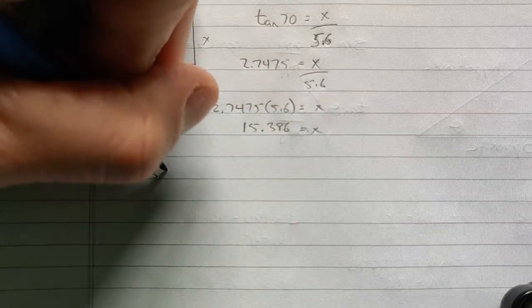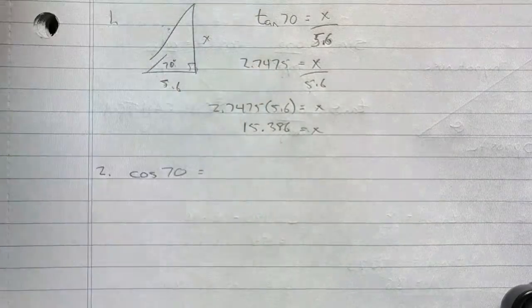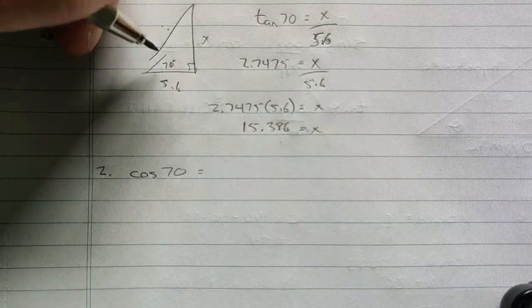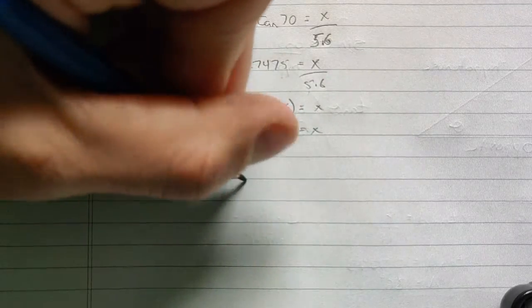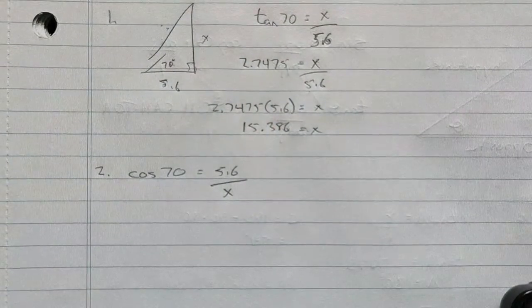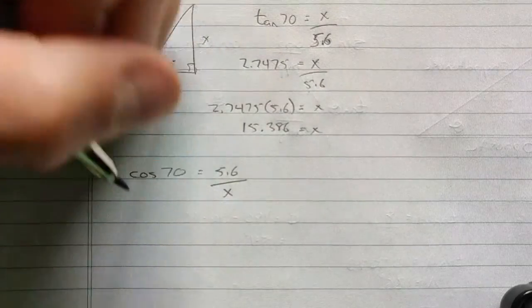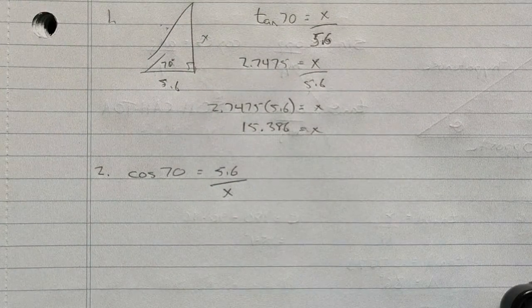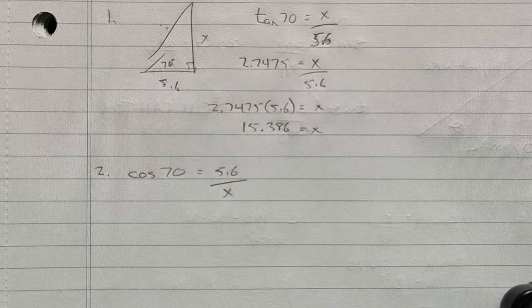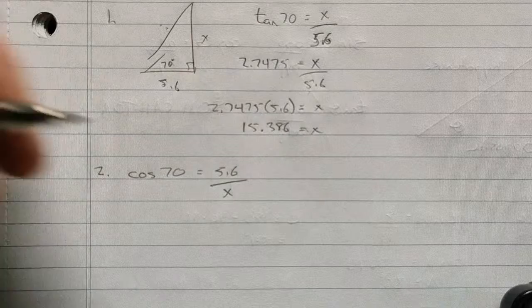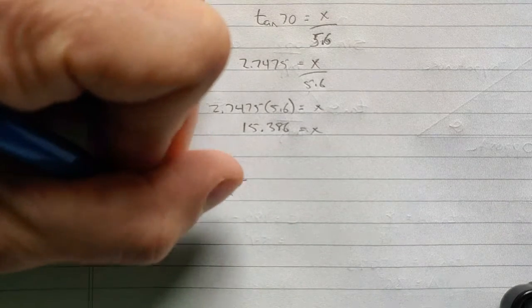So cosine 70 equals the adjacent, which is the 5.6, over the hypotenuse. Our cos 70 can be found using the table: 0.3420. So 0.3420 equals 5.6 over x.